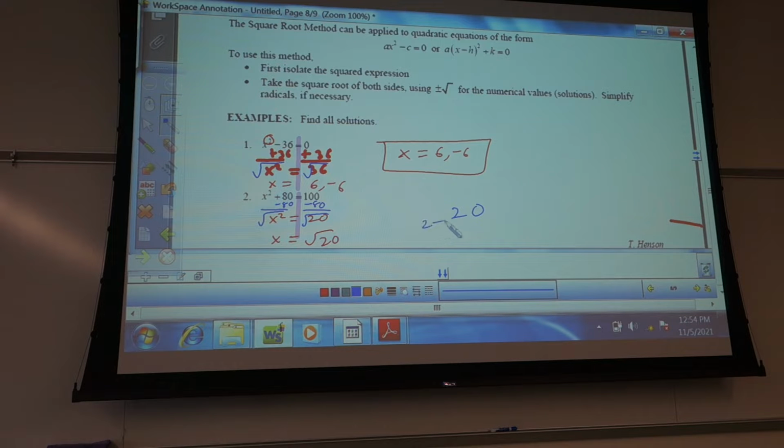So I can take out a 2, and I'm left with 10. I can take another 2 out. Remember our little factoring trees, and I'm left with 5. These are all prime numbers. So these are my factors of 20. So the square root of 20 is equal to the square root of 2 times 2 times 5.